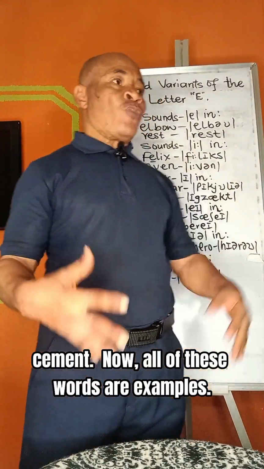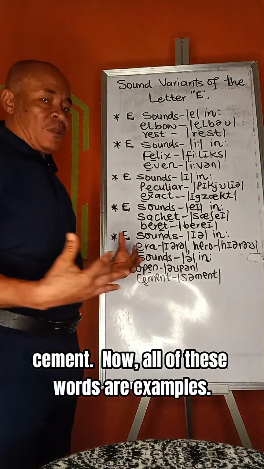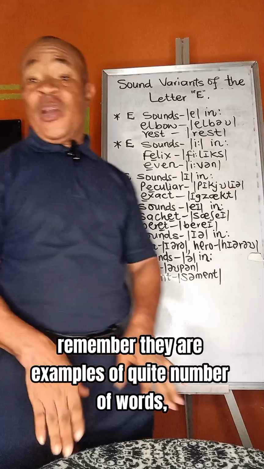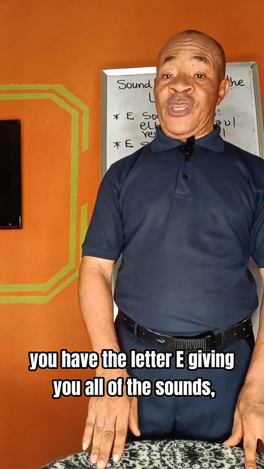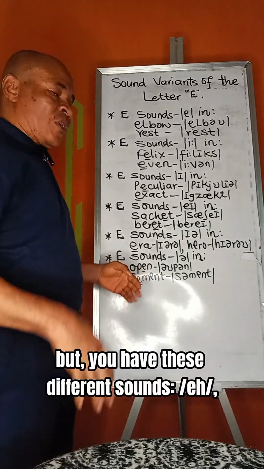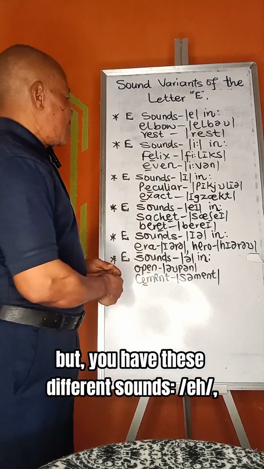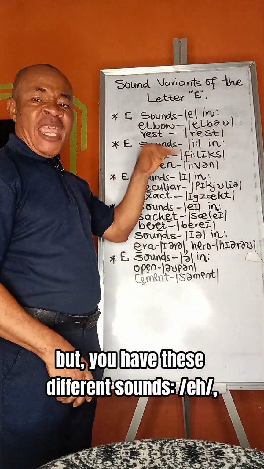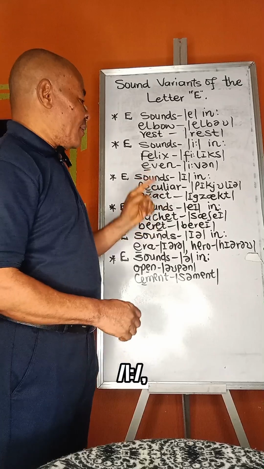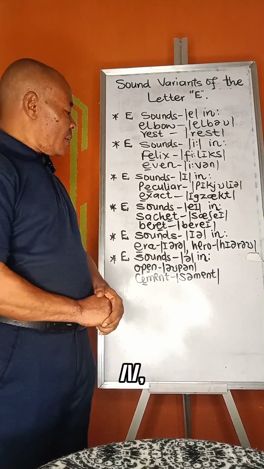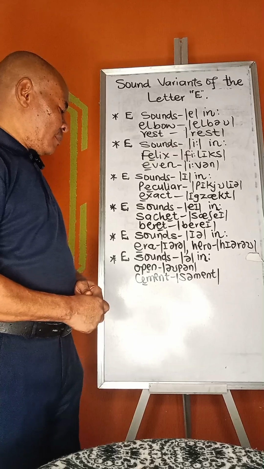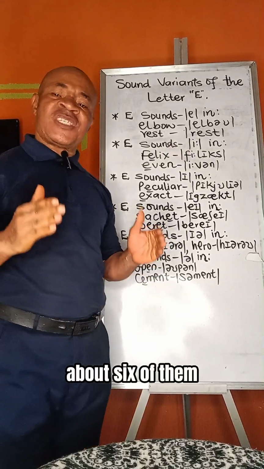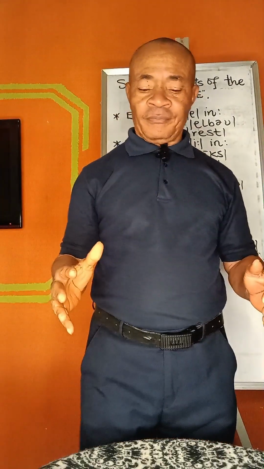Now, all of these words are examples of quite a number of words in the English language. You have the letter E giving you all of these different sounds: E, E, I, A, ear, about six of them.